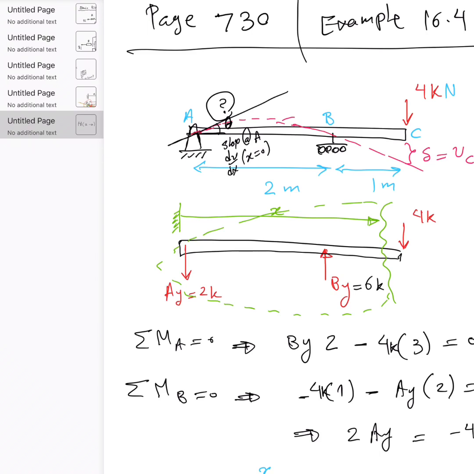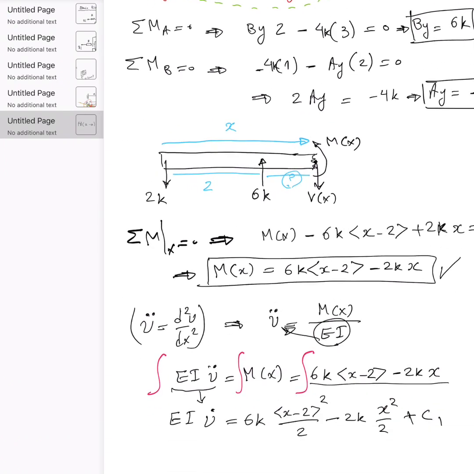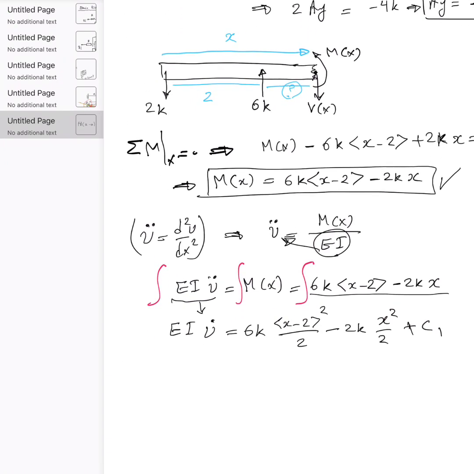Similarly, I don't have the slope at point B. This is theta at point B. That means I cannot impose anything on the derivative here. Look, I have V dot, it's not V. So I'll go ahead and take one more integral before I'm able to apply the boundary condition.